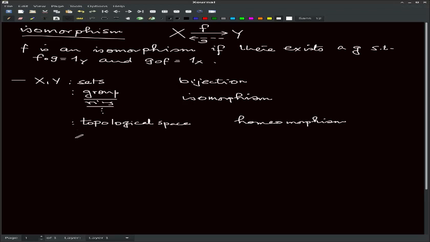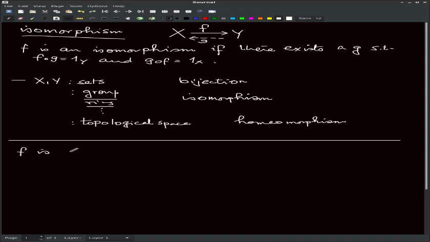Now, since you brought this one up, let me put a ramification. Suppose F has a left inverse.